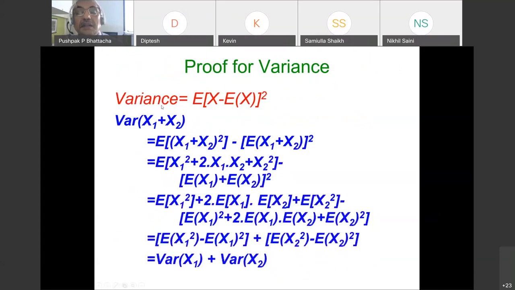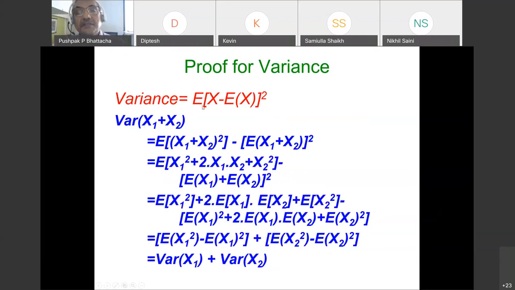Now, let us deal with the variance a bit, because variance seems to have a non-intuitive behavior. The variance of x1 plus x2 is the addition of variances. Variance of x1 minus x2 is also the addition of variances. Okay, so how come this is the case?